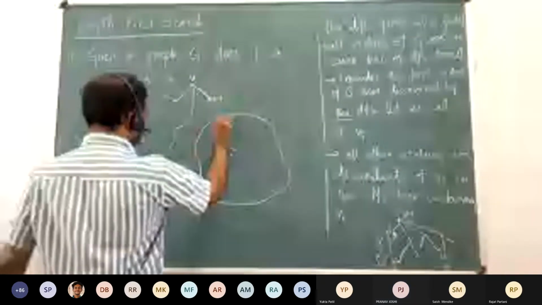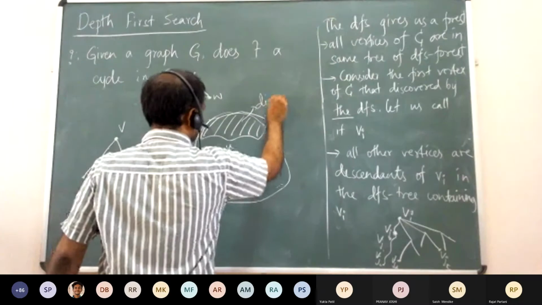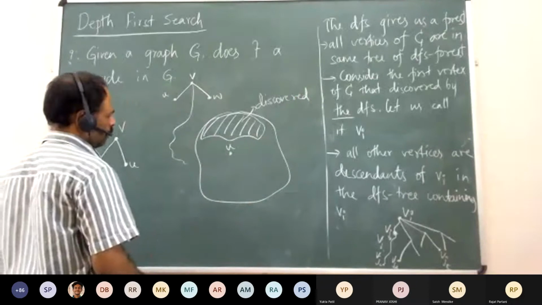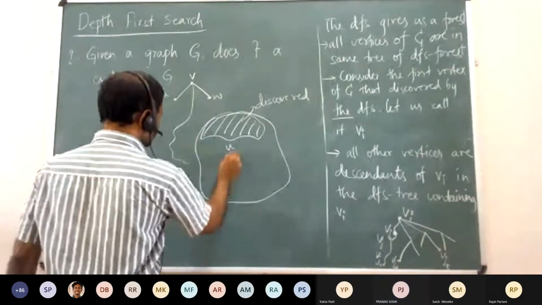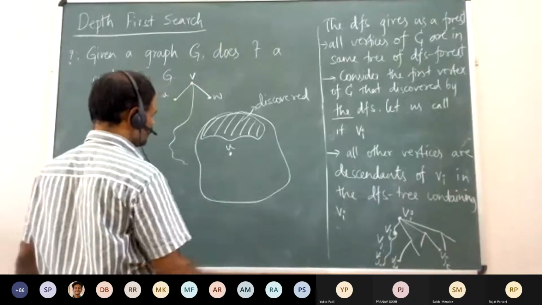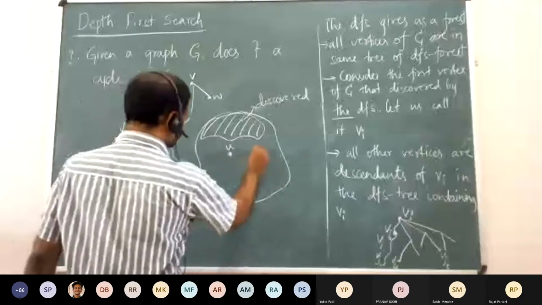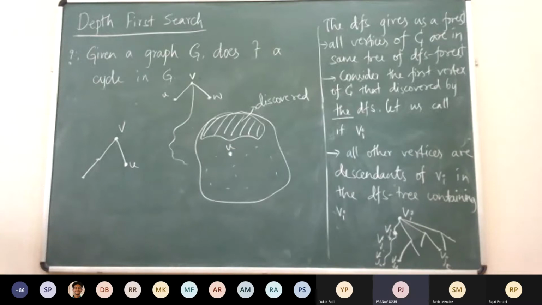There is some set of vertices which are already discovered, right? Then if you take some other vertices, there are a lot of other vertices here, right? You say that all these vertices are descendants of U. Yes, sir. They need to be the descendants of U if you are discovering them after U.